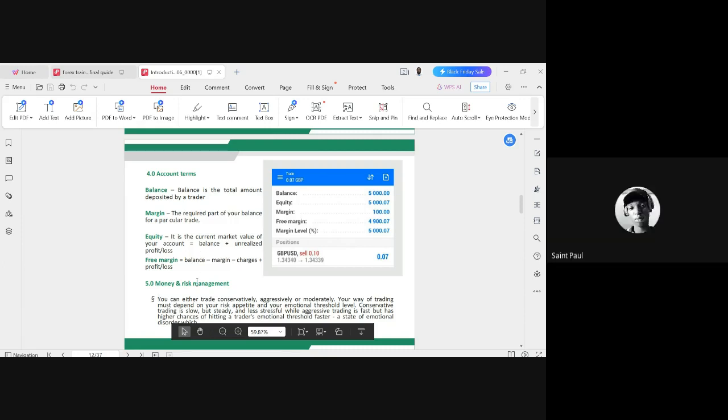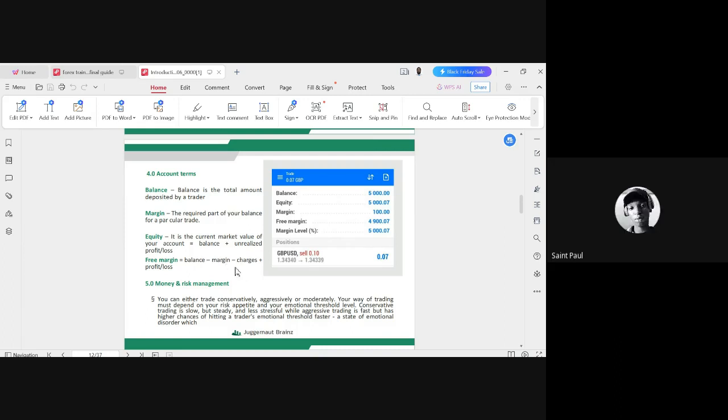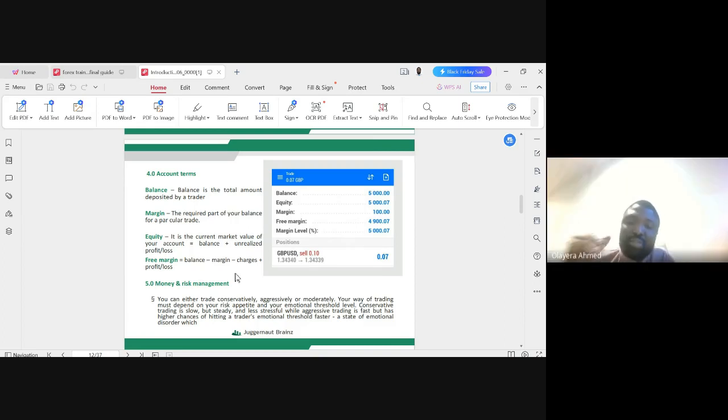And free margin, I've told you what free margin means. Free margin is balance minus margin, minus charges, plus profit or loss.